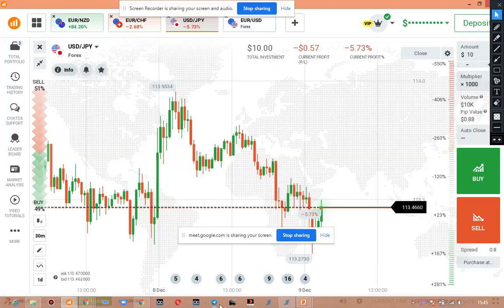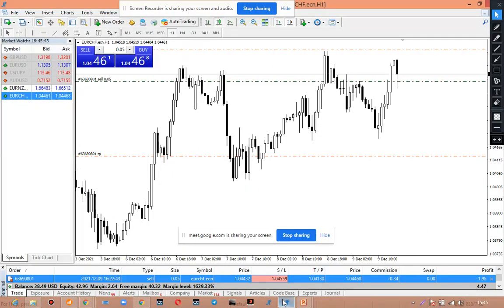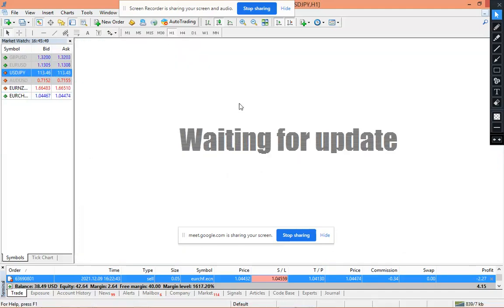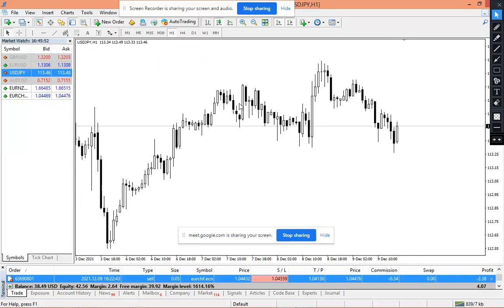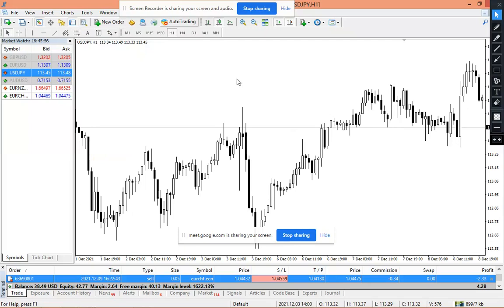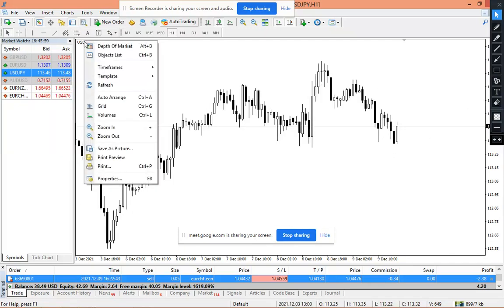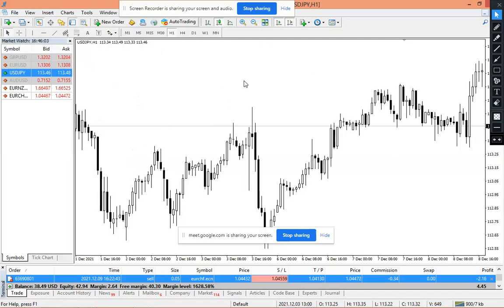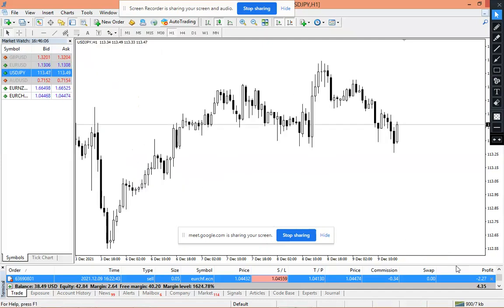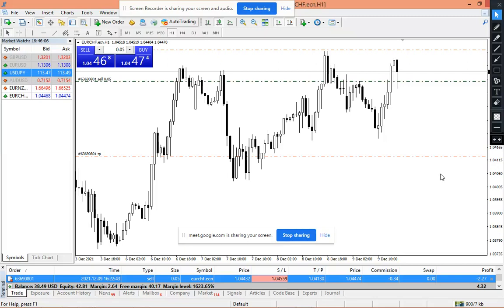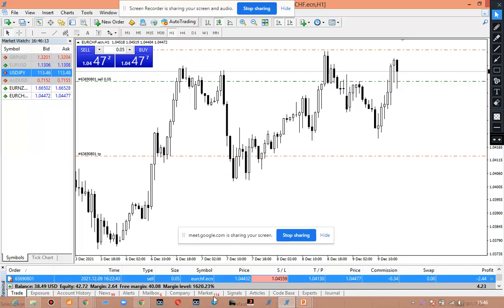Okay, USD JPY. USD CHF is still consolidating. I don't know why it's still consolidating.